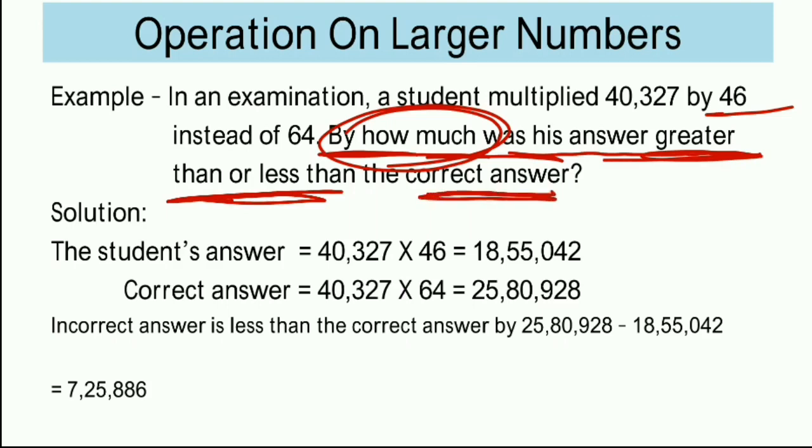Obviously his answer differed from the actual answer because he multiplied by a different number. So to find the difference, at first we have to get the actual answer, meaning the correct answer, and the student's incorrect answer.